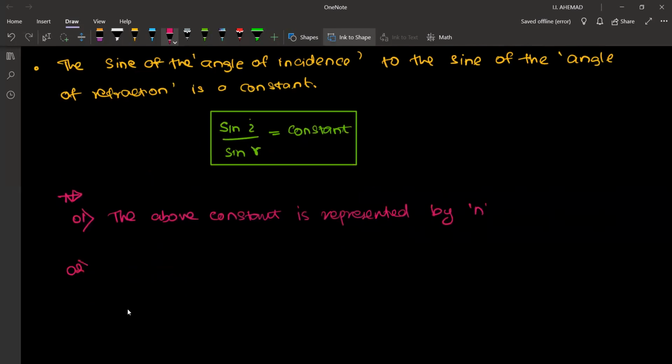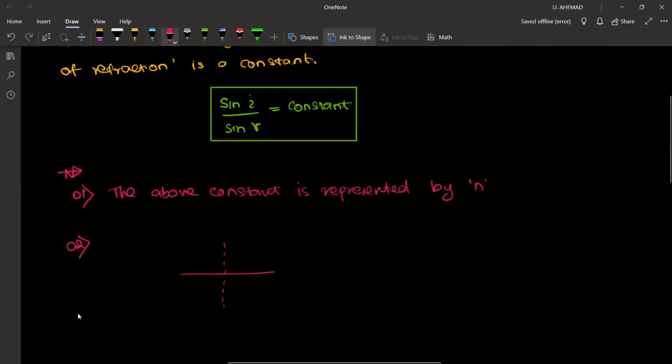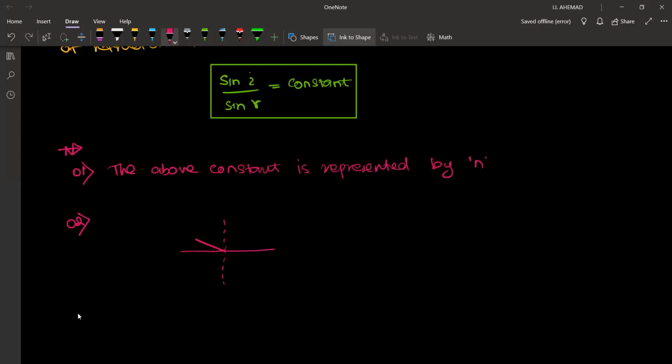Second note, now let's say the light is traveling from medium A to medium B.